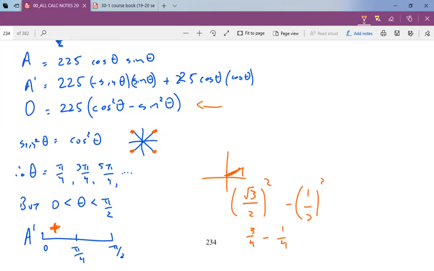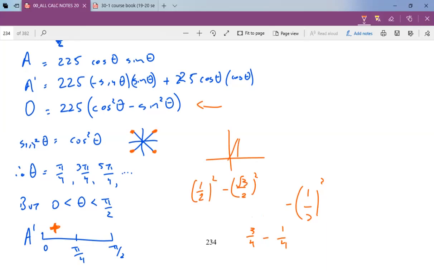When we look at numbers between pi quarters and pi halves, we have, for example, pi thirds. If I do cos squared minus sine squared of that, cosine squared is going to be 1/2 squared minus root 3 halves squared.